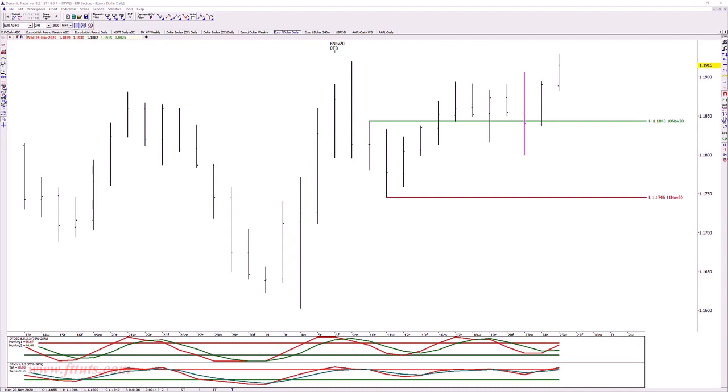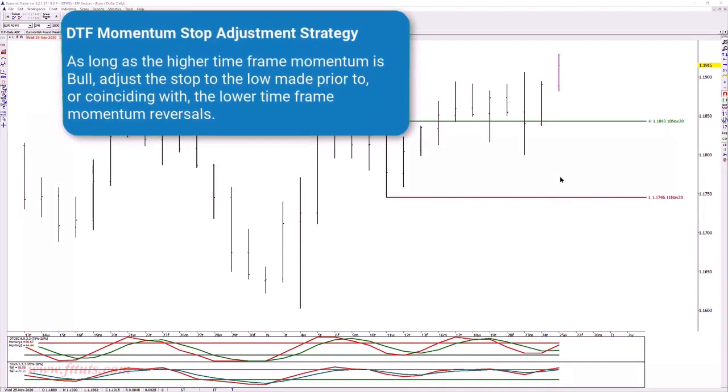So we continue to trade and even continue to consider adding to the position as long as the weekly momentum is bullish. In each smaller time frame, a daily momentum bull reversal could put the market in a position to adjust the stop to the low made prior to the daily momentum bull reversal.